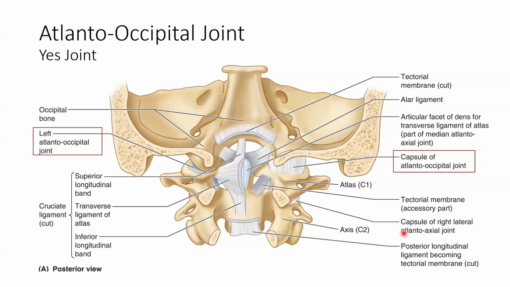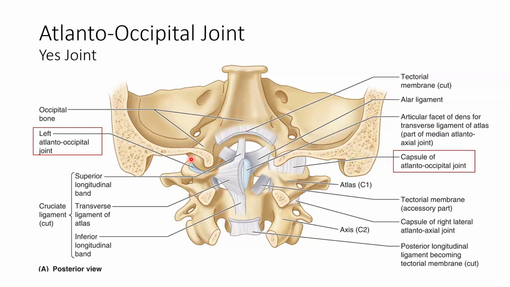The atlanto-occipital joint is our yes joint. Atlanto-occipital is saying it is the joint between the occipital condyles of the head, and the atlas. Okay, atlanto is atlas, occipital is occipital condyles. So atlanto-occipital joint is the articulation between C1 and the occipital condyles of the cranium.